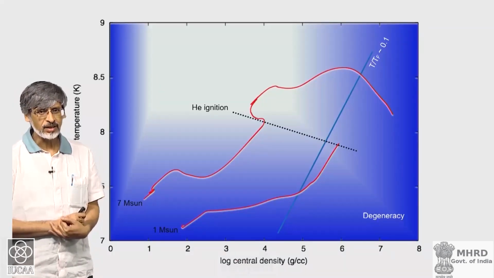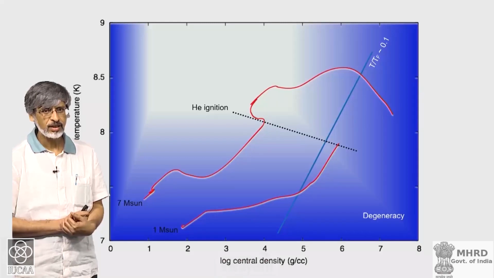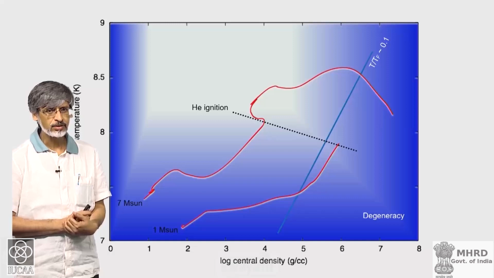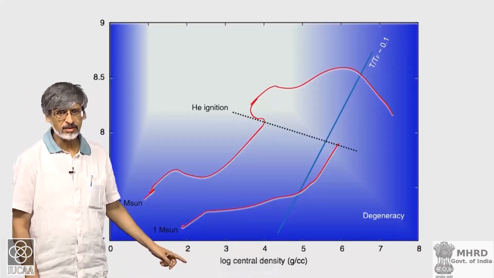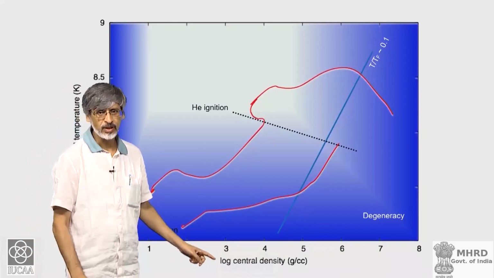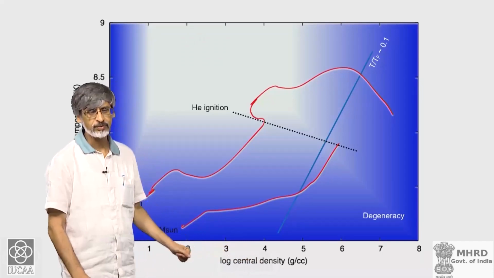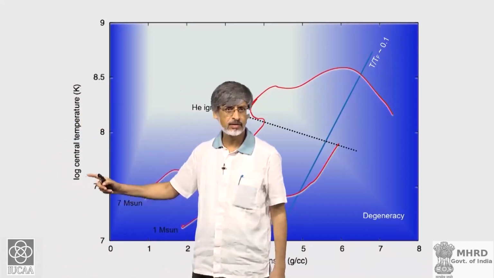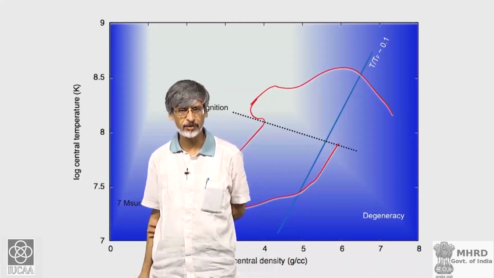One is a lower mass star, the lower track, of 1 solar mass, and one a heavier star of 7 solar masses, shown in the upper track. On the horizontal axis is the logarithm of the central density in grams per cubic centimeter, and on the vertical axis is the log of central temperature in degrees Kelvin.